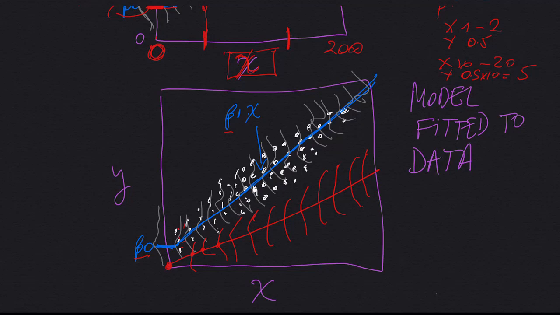So when we fit the model to the data, we try to come up with the best line in a way in which the values are as highly probable as possible. And obviously we don't do that by hand. We don't calculate the beta 0 and beta 1 that best fits the data. We've got the software that will do that for us, but we need to understand what it means and what that software is doing.